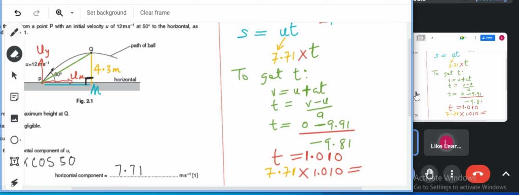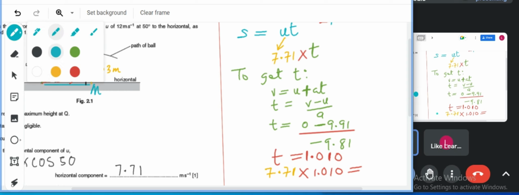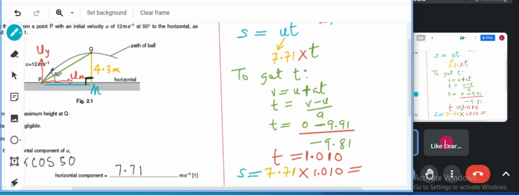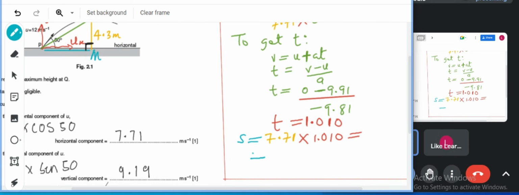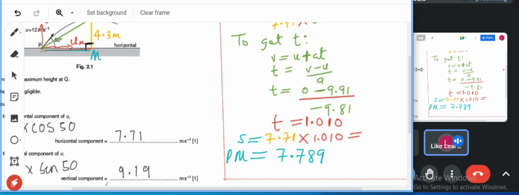Times 7.71, that's 7.789. Because that's PM. P to M is 7.789.